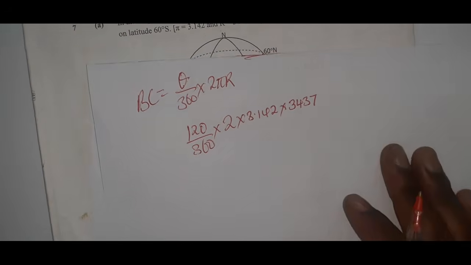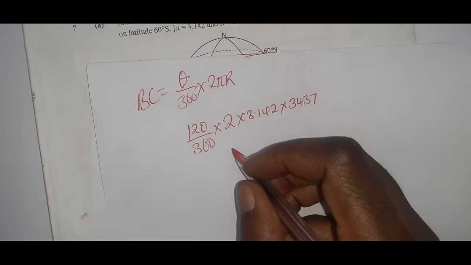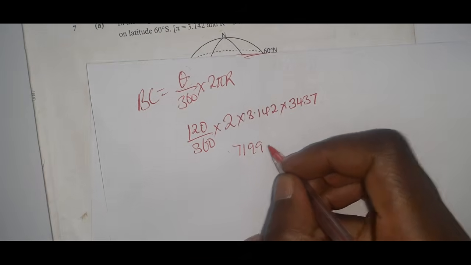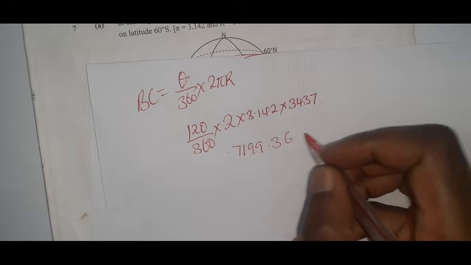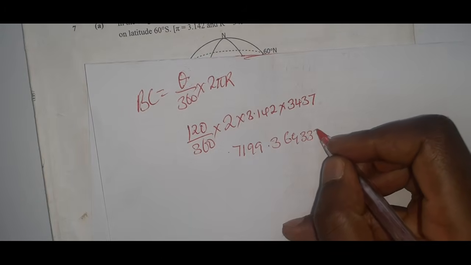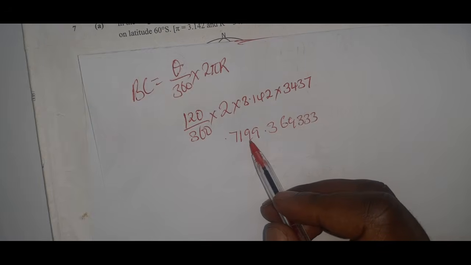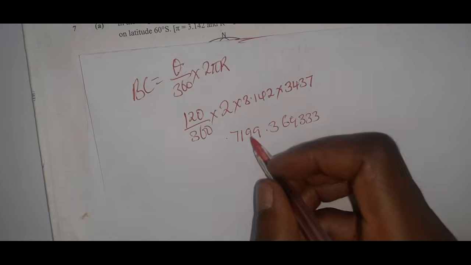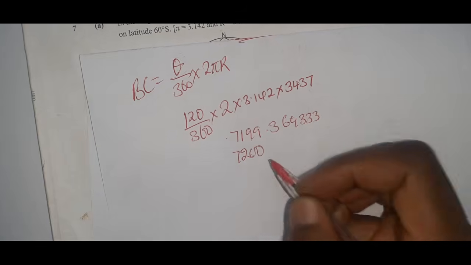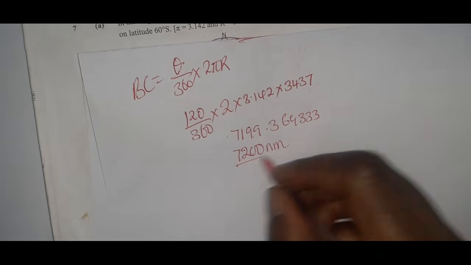Okay, so this is going to give us 7199.39333. Now when you round off to two significant figures, this will end up giving you the answer in nautical miles.